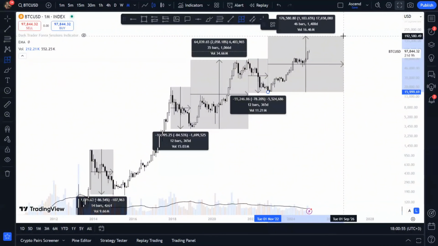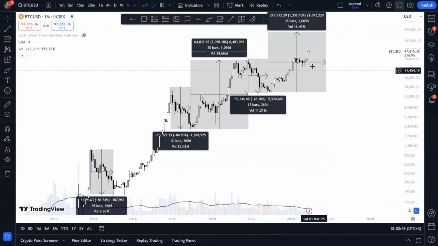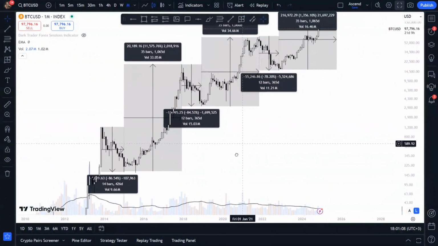And the bull run is 35 bars, which is 3 years. So we have 3 years of bull run and 1 year of bear run. And as you see, it's working perfectly.